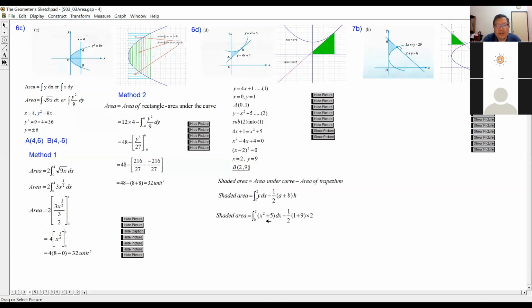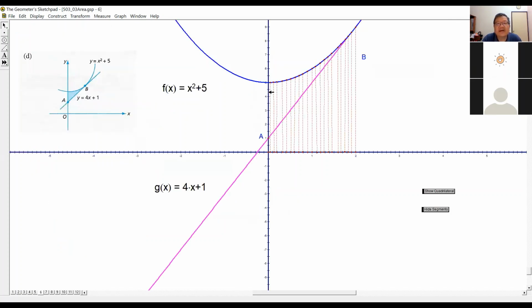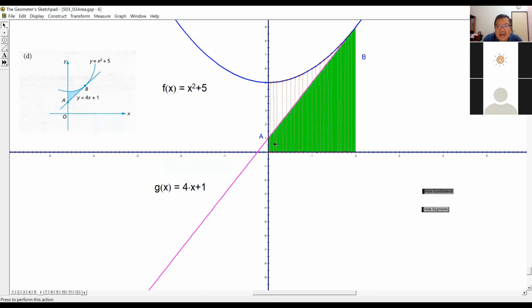So you replace the y with x squared plus 5, then integrate with respect to x, minus half the sum of the parallel sides. So what is the sum of the parallel sides? This side is 1. The other side here is 9.